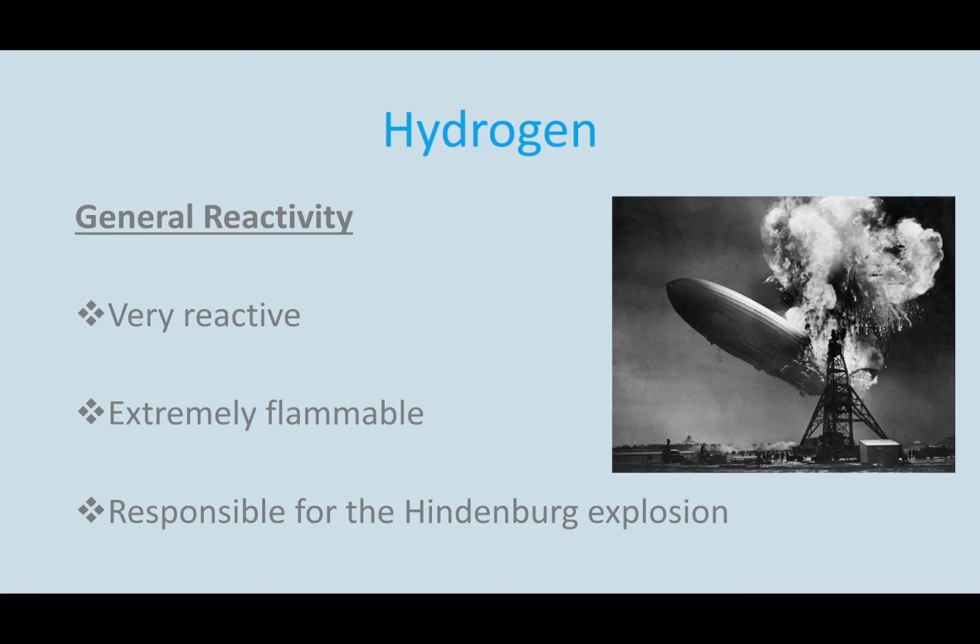However, it hit a tower, and I believe sparks ended up igniting the hydrogen. It reacted, and it caused the destruction or the explosion that you can see here. And so that's a big reason why a lot of blimps now use helium, because helium, as we just mentioned, is very non-reactive. So nothing like this will happen with helium.